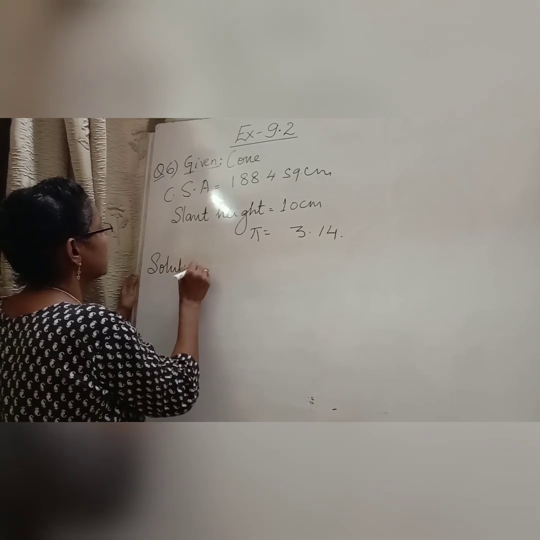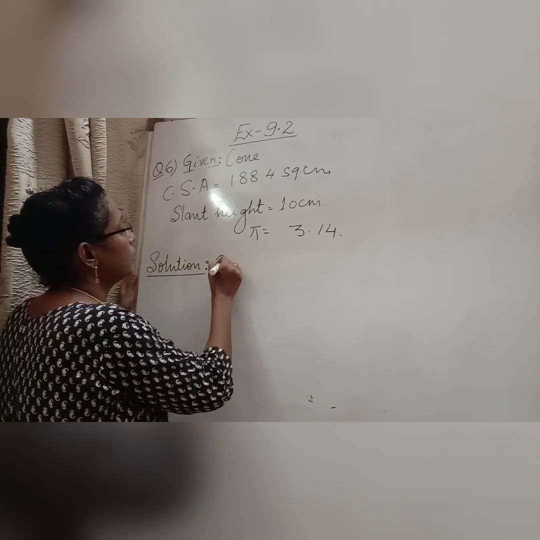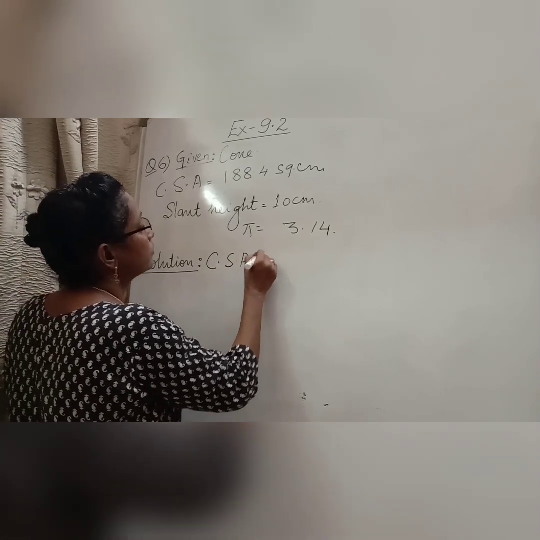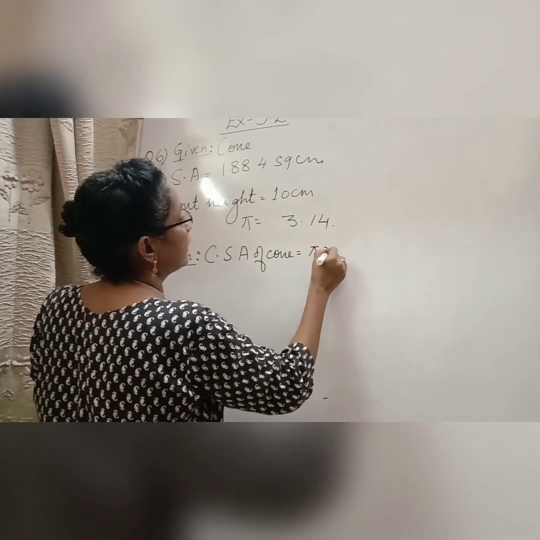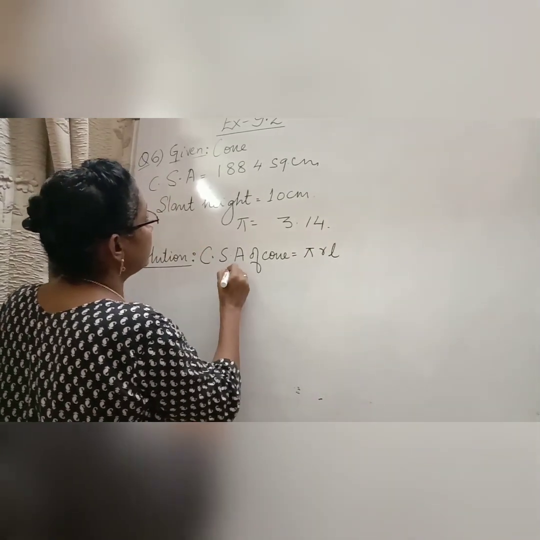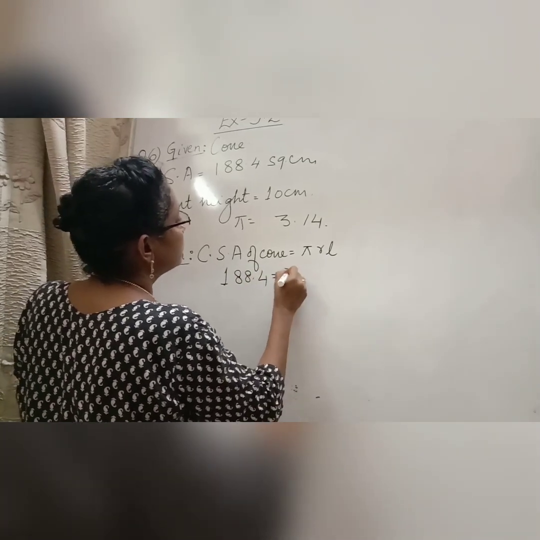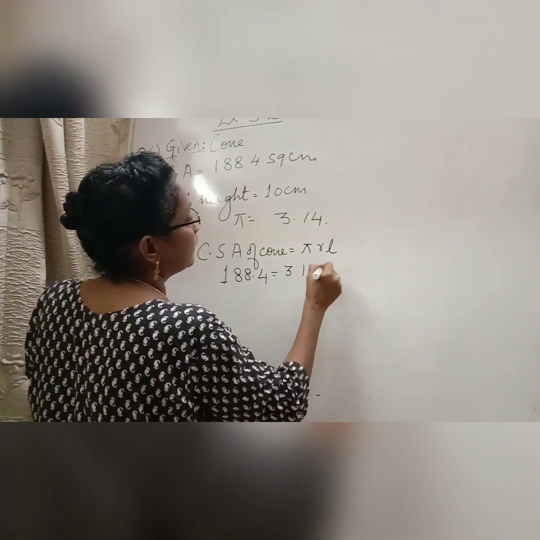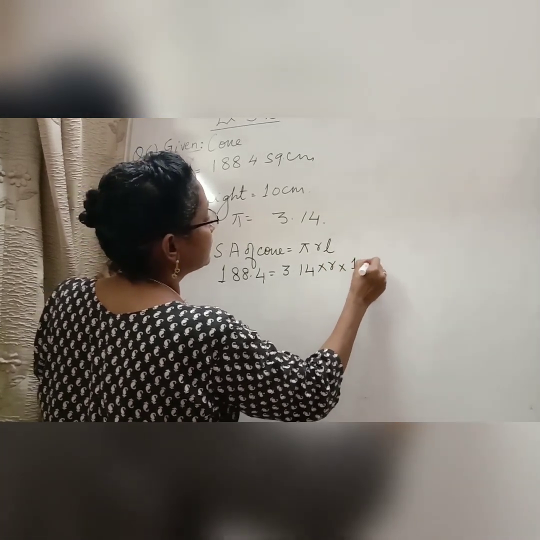Solution. We'll write the formula. Curved surface area of cone is equal to pi r L. Substituting the values, 188.4 is equal to 3.14 multiplied by r multiplied by L, which is 10.